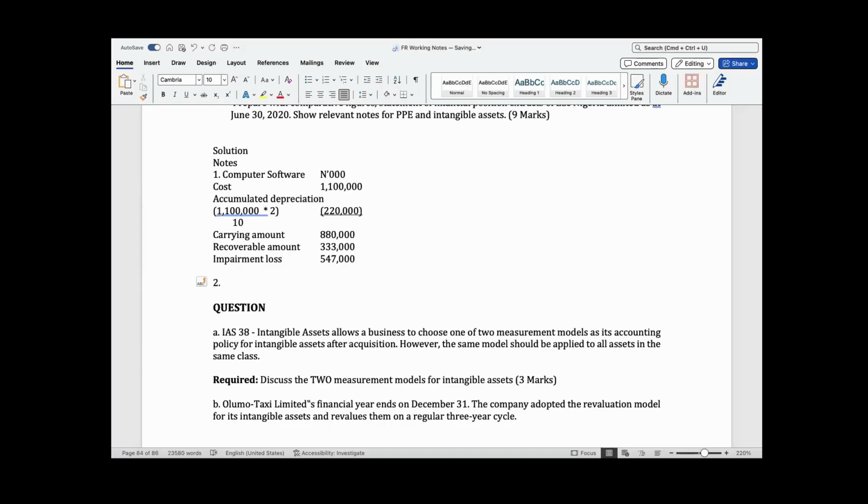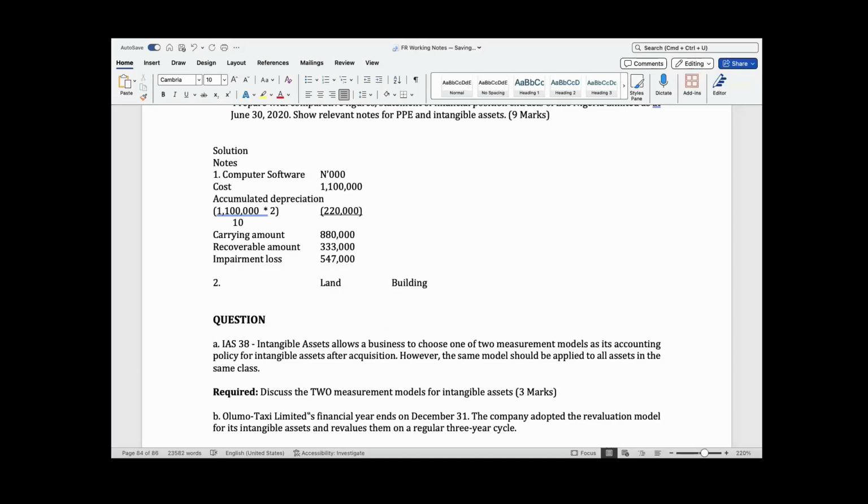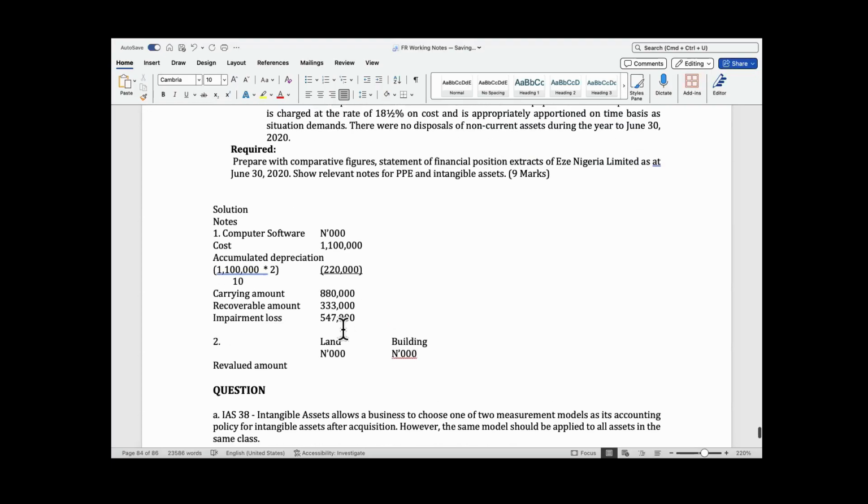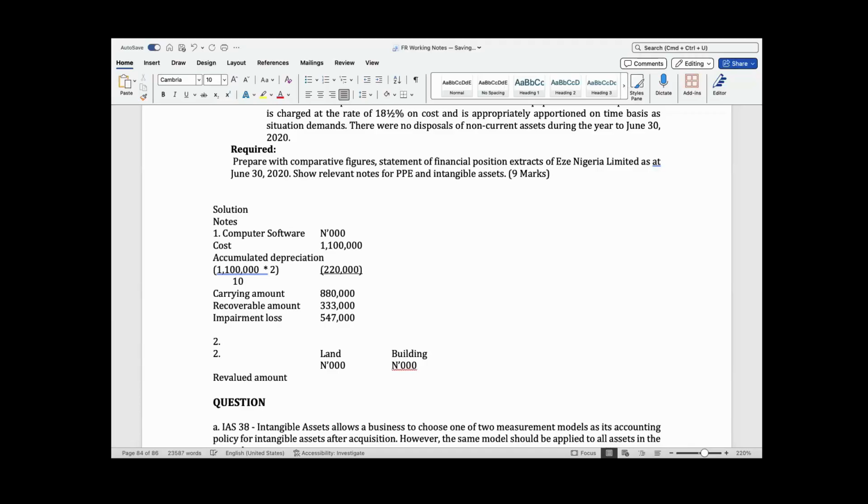So let me just have land and have building with the revalued amount. Need to put my Naira sign.